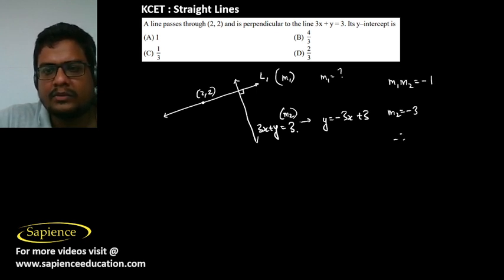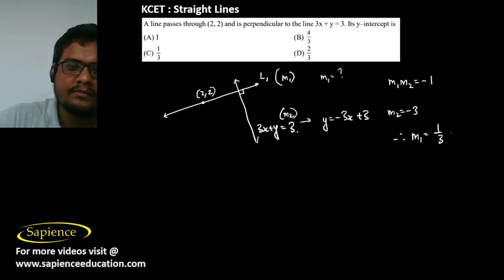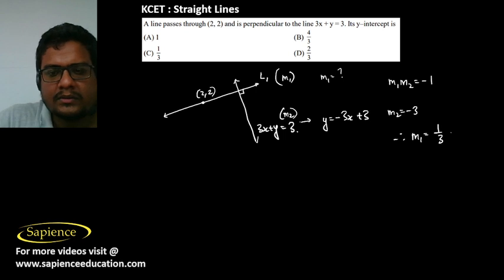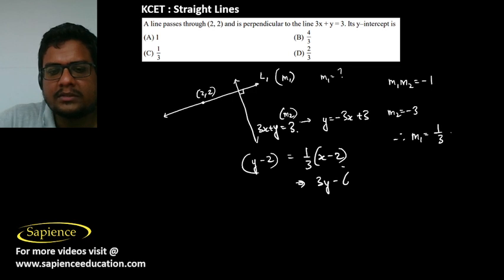Therefore M2 is minus 3, so M1 should be equal to 1 by 3. Therefore the equation of this line L1 I can write as y minus 2 equal to 1 by 3 into x minus ..., so 3y minus 6 is equal to x, 3y is equal to x plus 4.